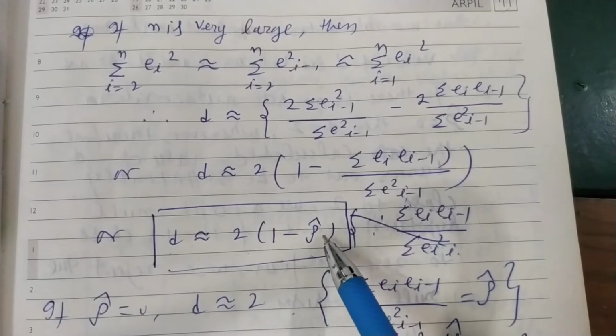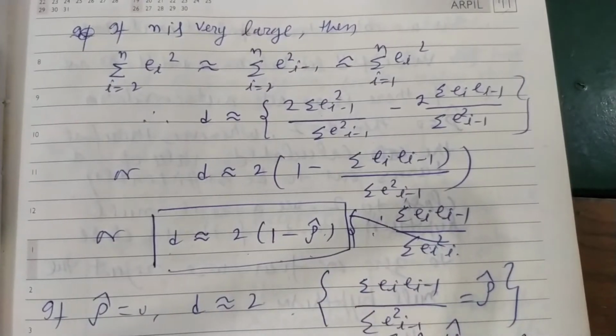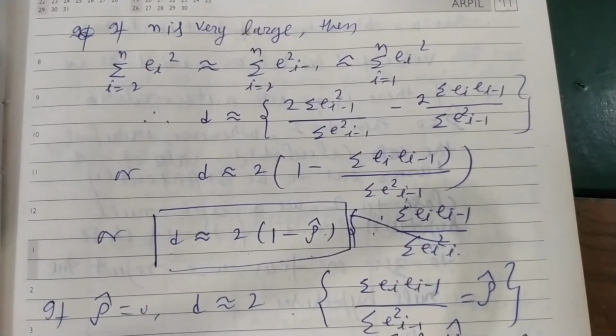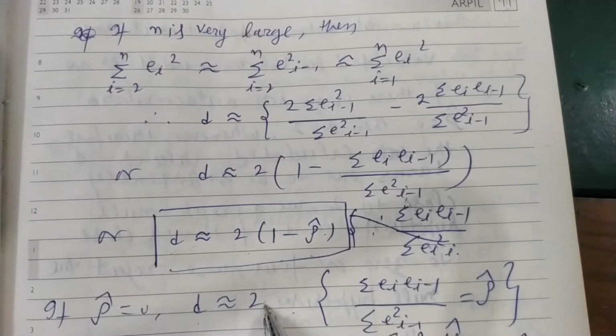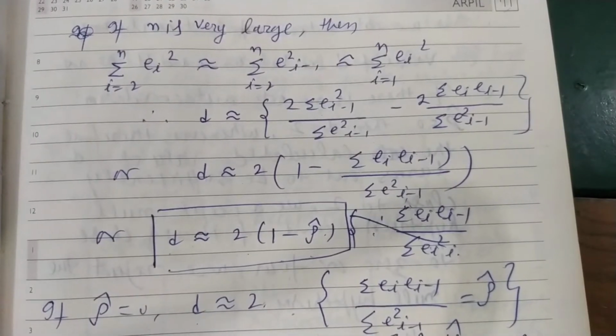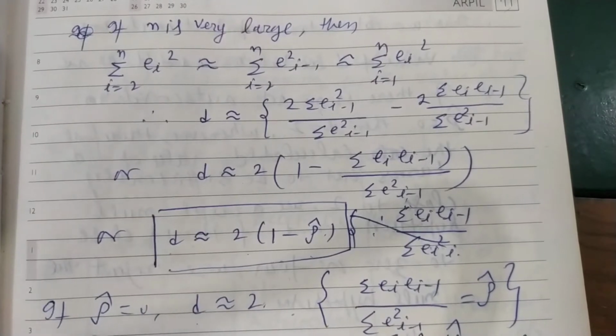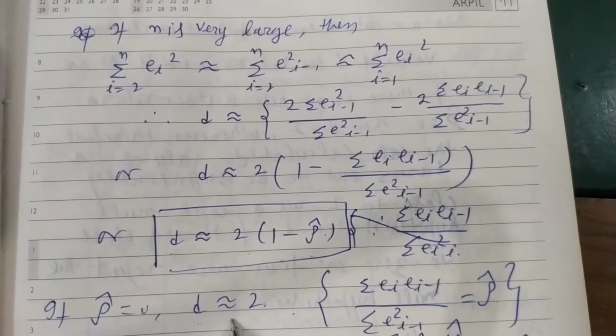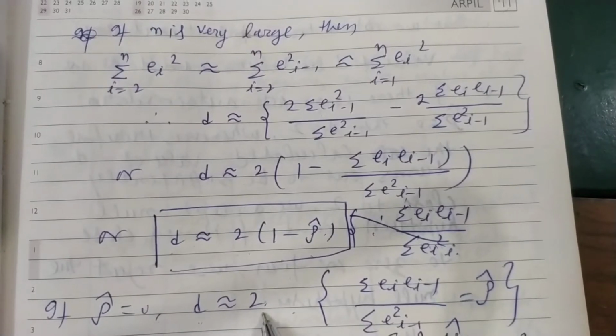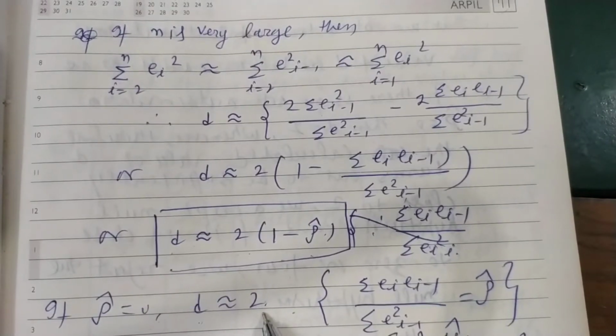If both are equivalent to each other, for large values we can write d approximately equal to 2 in bracket 1 minus rho of first order. If rho is equal to 0, d is equivalent to 2, means no autocorrelation. If rho is equal to 1, d is equal to 0. If rho is equal to 0, d approximately equal to 2 means no autocorrelation.